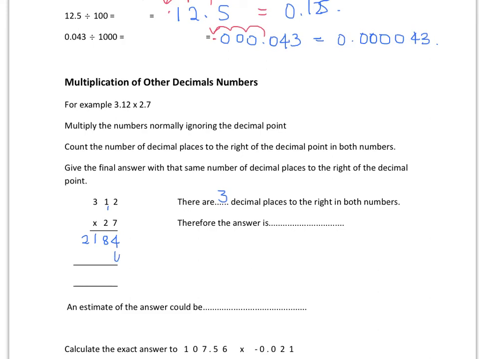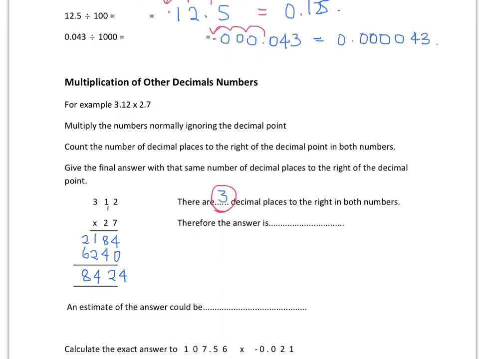A 0 in this position because the 2 is a 20, 2 times 2 is 4, 2 times 1 is 2, and 2 times 3 is 6. Add all of those values and we've got 8,424.